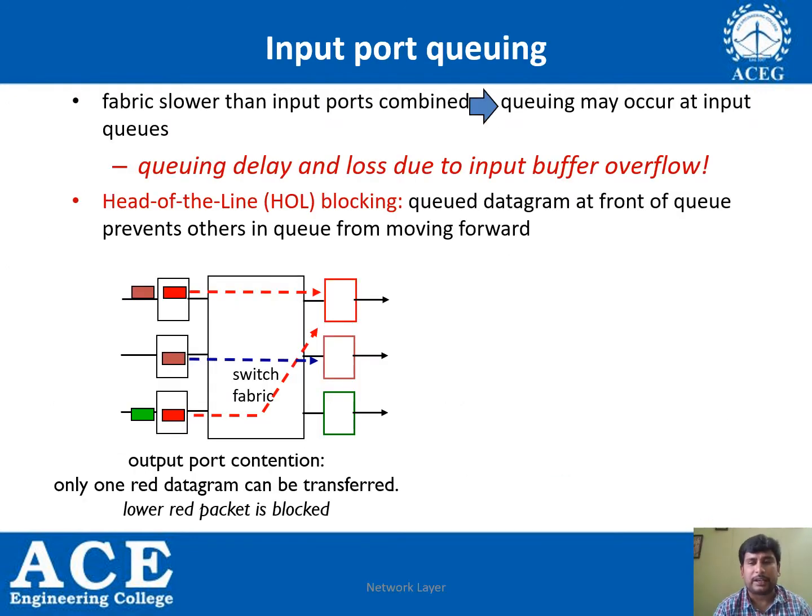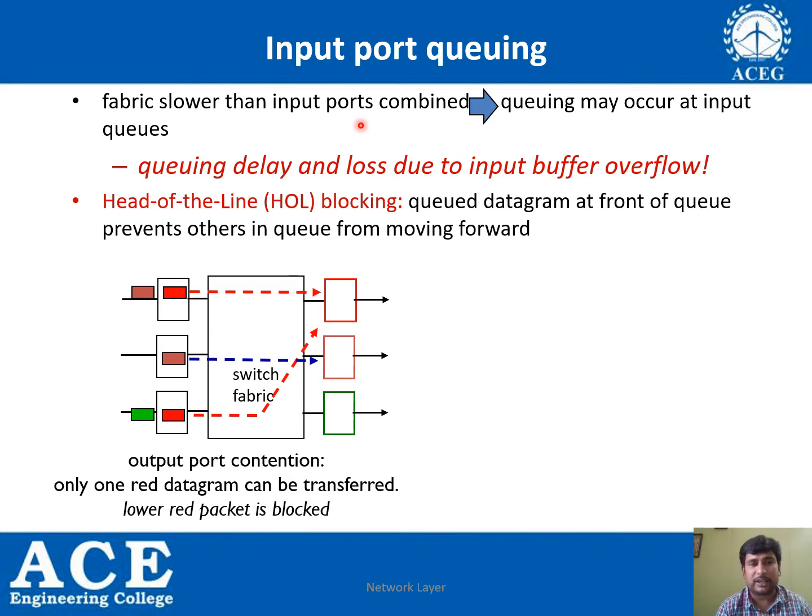In the previous slide, we were talking about queuing happening either at the input port or the output port. First, let us start by discussing input port queuing. In input port queuing, the switching fabric forwards the datagrams from input port to output port, and here R switch, the rate of the switching fabric, is slower than the input ports combined.